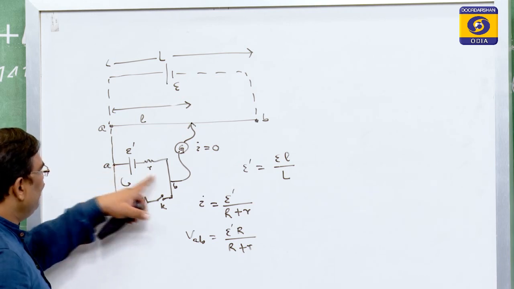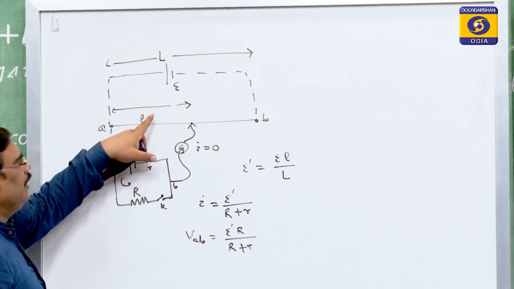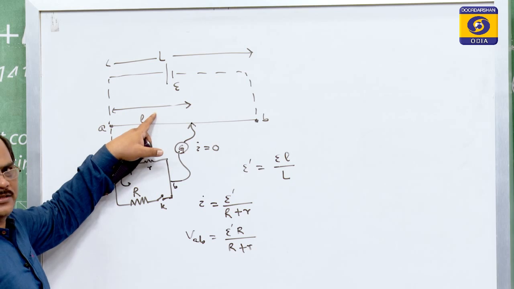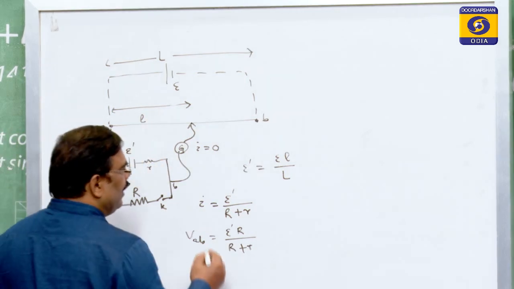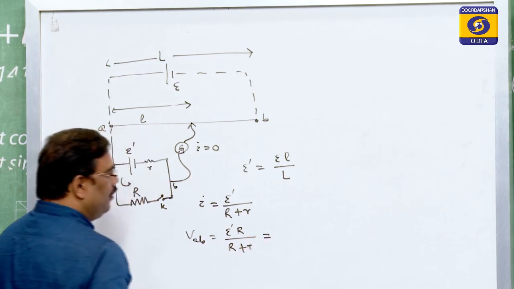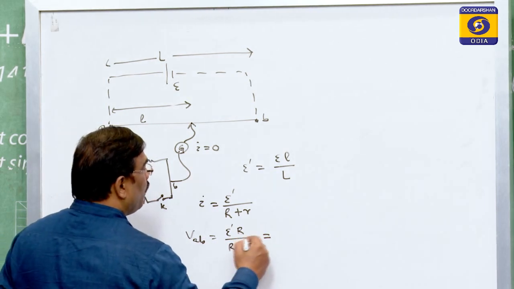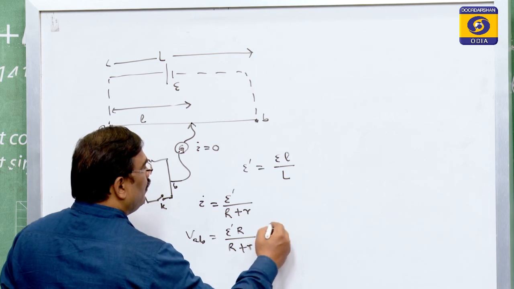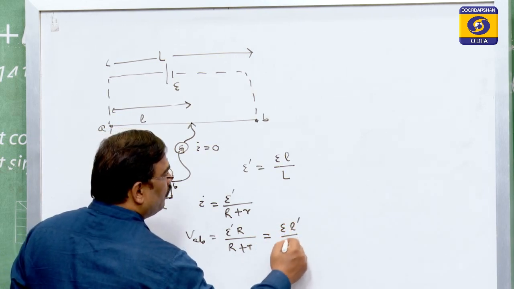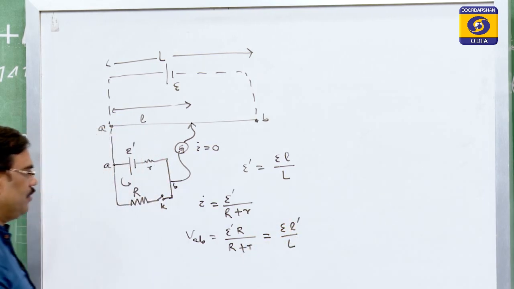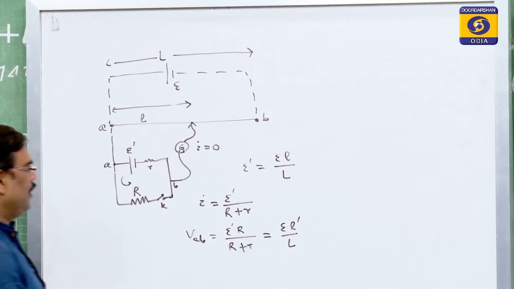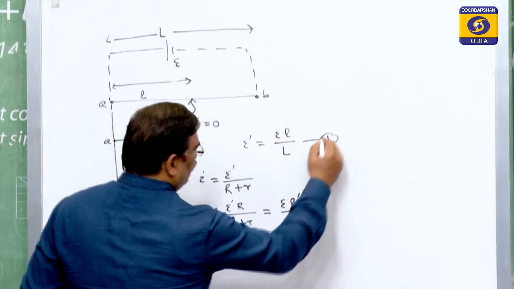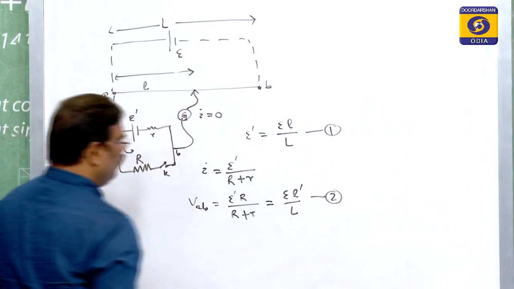Now, let V A B be balancing with L dash section of this wire. So, this will be equal to E L dash divided by capital L. Now, this was my equation number 1 and this is my equation number 2.